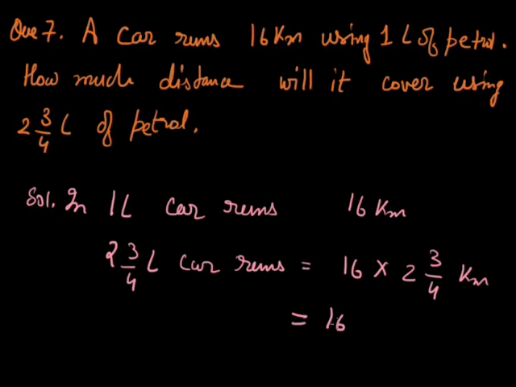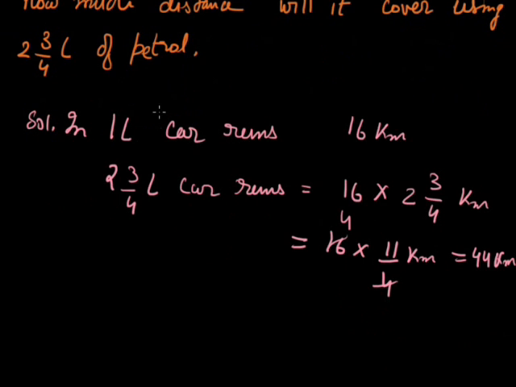So it will be 16 into 4 2s are 8 plus 3 will be 11 upon 4 kilometer. So if you cancel it by 4, it will be 4 4s are 16. So it will be 44 kilometer. So the car will run 44 kilometer in 2 3 by 4 liters of petrol.